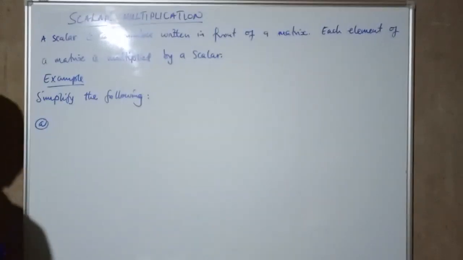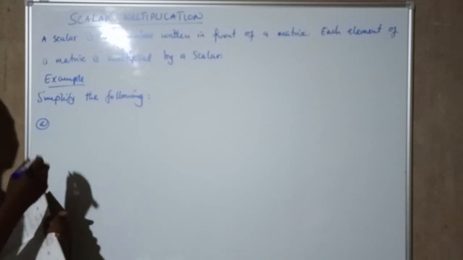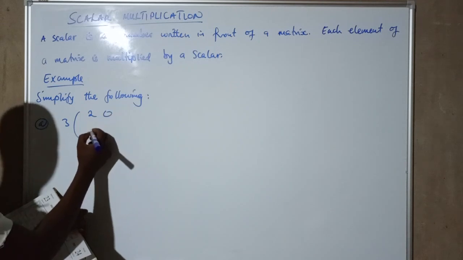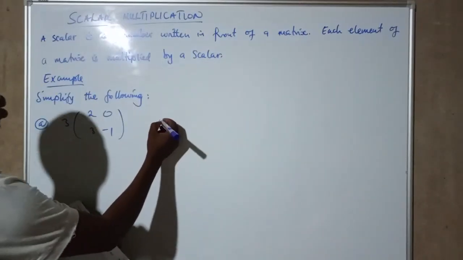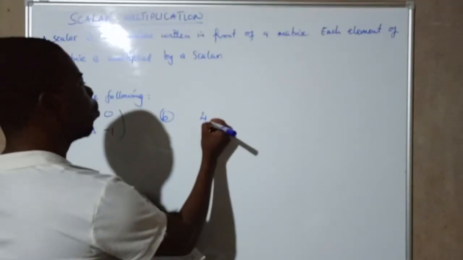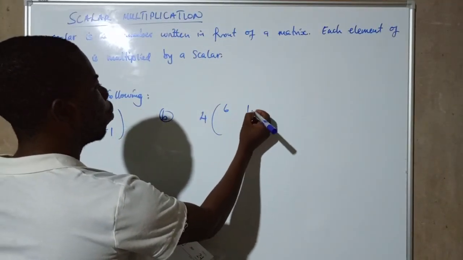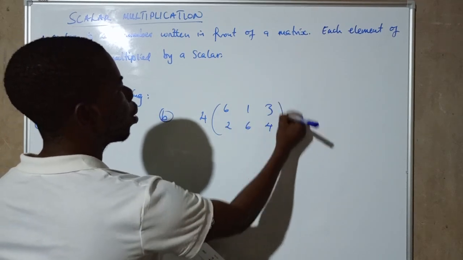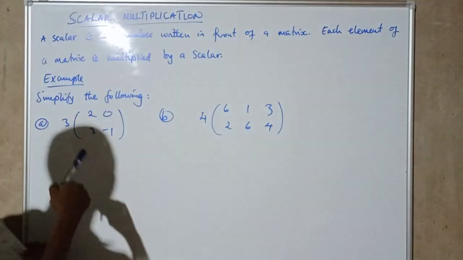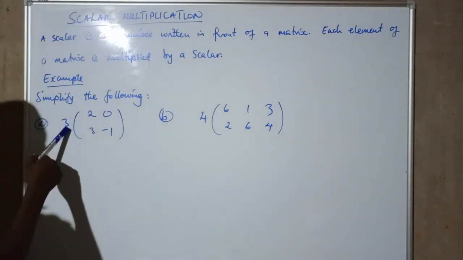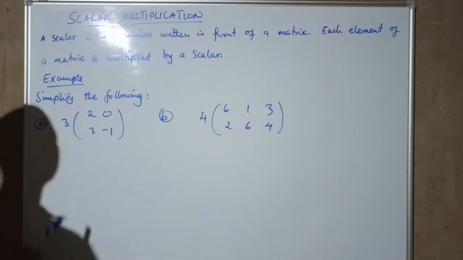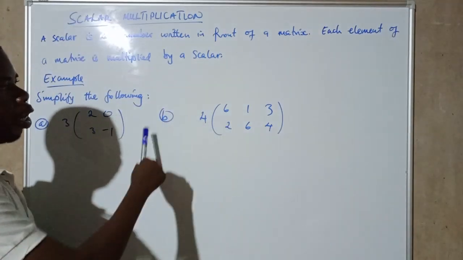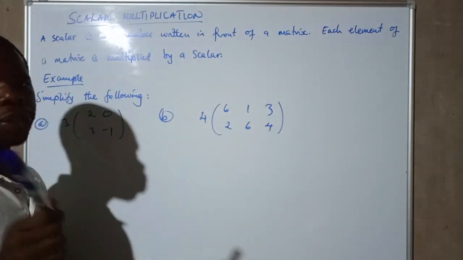Then I have 3 open brackets, 2, 0, 3, -1, close brackets, and 4, open brackets, 6, 1, 3, then 2, 6, 4, like that. So these are the two matrices. This number in front of this matrix is a scalar. When they say simplify, they mean make something simple. These are a little bit complex, but they want you to make them simple.